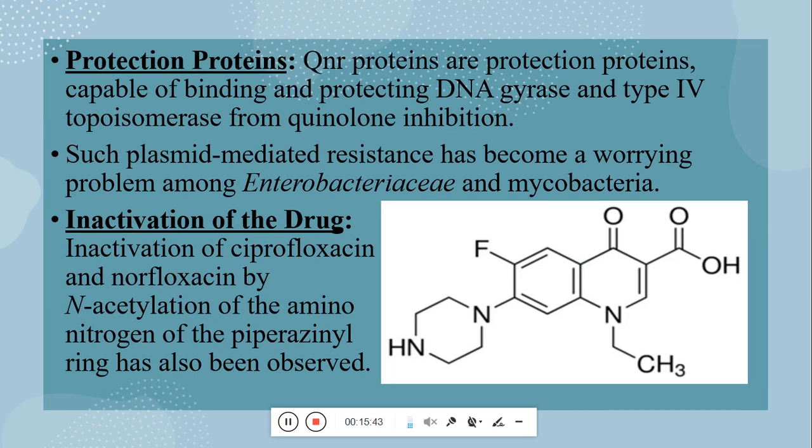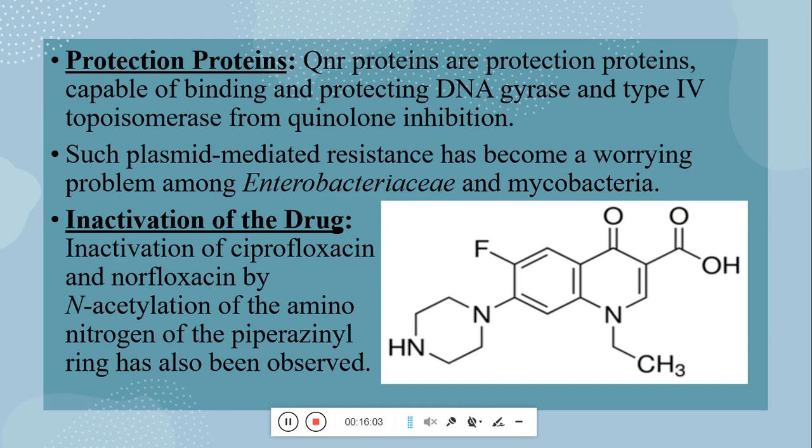These protection proteins protect the target site of these quinolones, the DNA gyrase and the topoisomerase 4, and so the quinolone no longer remains able to bind to the target site and perform its activity.